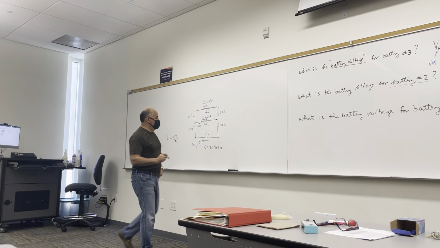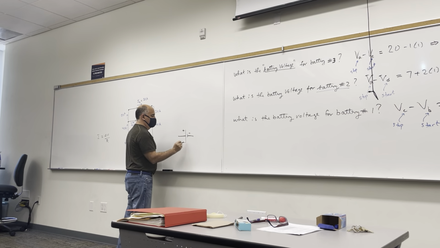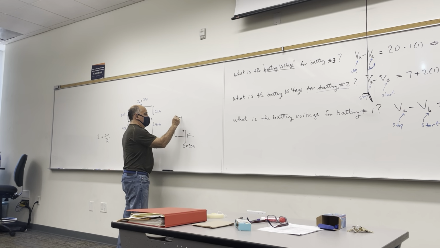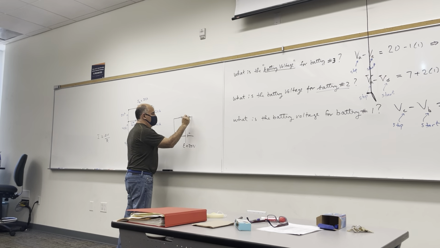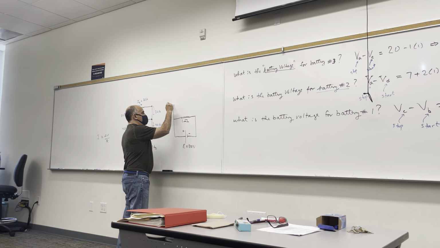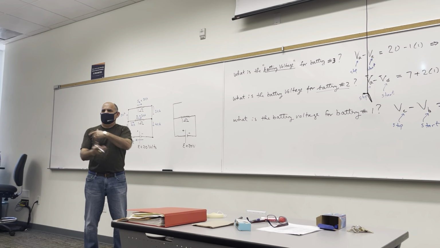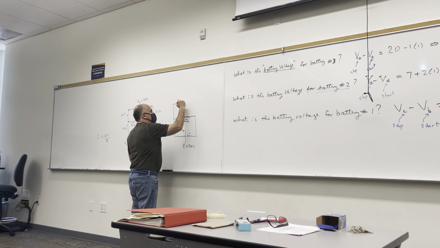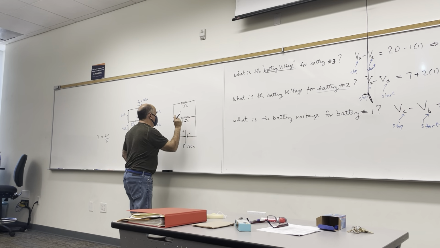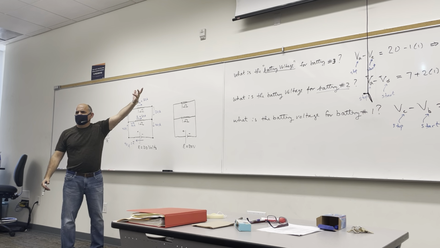What if I have the same battery, 20 volts, and instead of just connecting one resistor, I'm using 1, 1, 1, so I don't need a calculator, because I don't want decimal places and so on. And I have another one here which is also 1 ohm. So that circuit is the same as this. So what if I add another resistor in parallel?